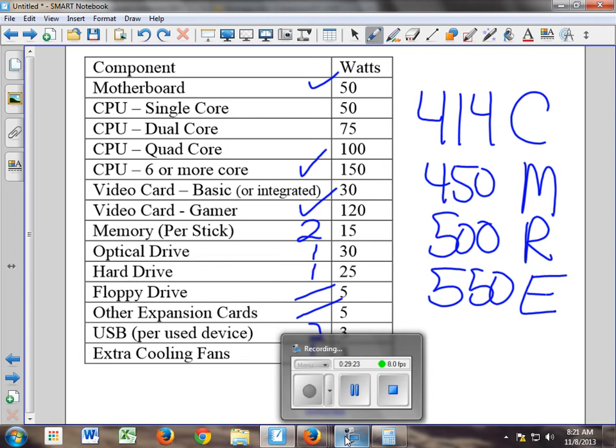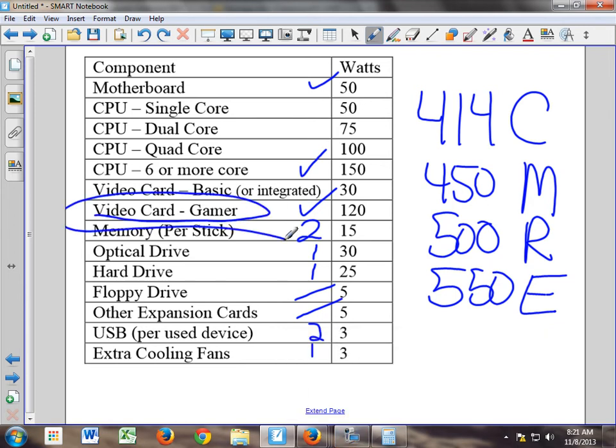Next thing, we're talking about a gamer CPU. You would not want to go with this one. If you went with this one and added a gamer video card and it was pulling another 120 amps, we're dead, right? Right away, we're done. Even if I went up to here, if I added 120 here, that's 534, I'm over recommended.